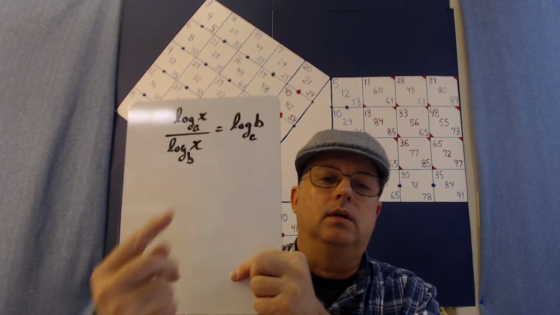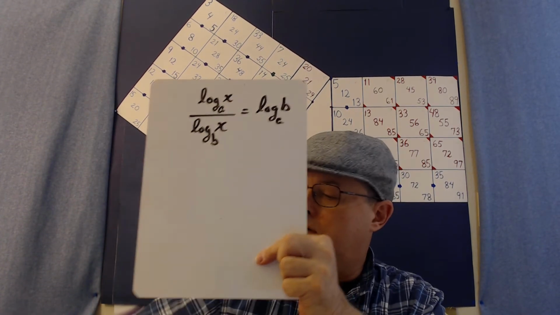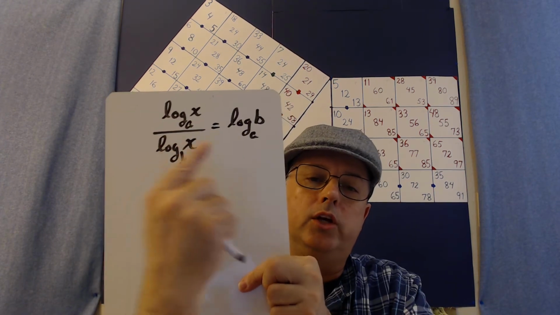Log base a of x over log base b of x equals log base a of b. Okay, so this was our third way of writing the change of base.